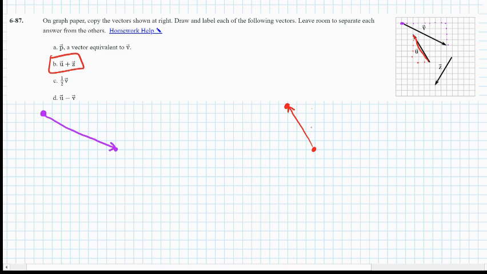So that's vector u. And then to add, I'm going to tack on this other vector z, which is 1, 2, 3 to the left and 1, 2, 3, 4, 5 down. Tack that on to where we ended here.